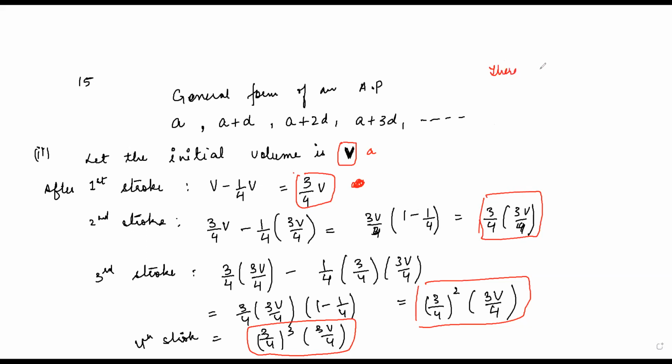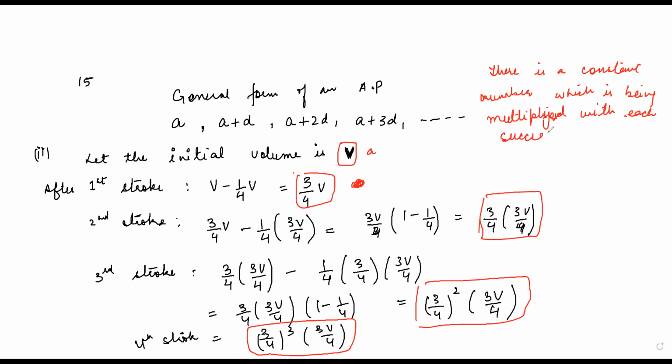So you write the statement: there is a constant number which is being multiplied with each successive term. So this sequence is not an AP.